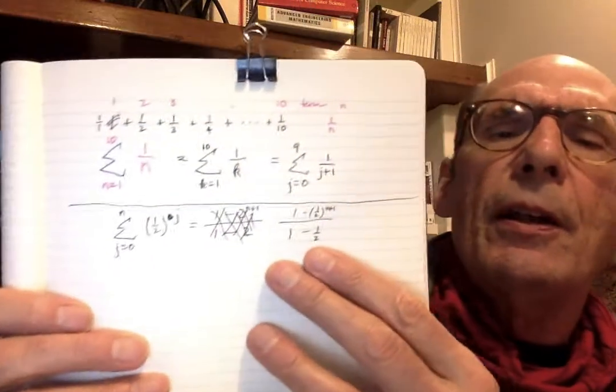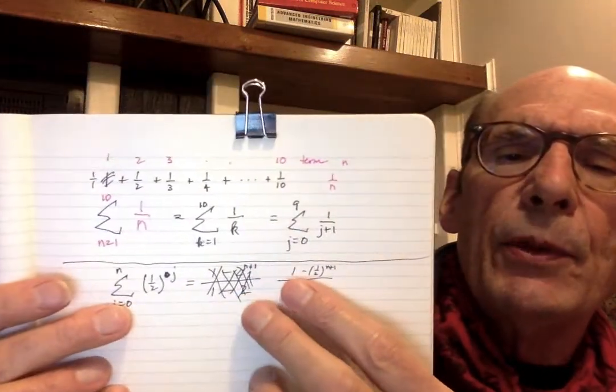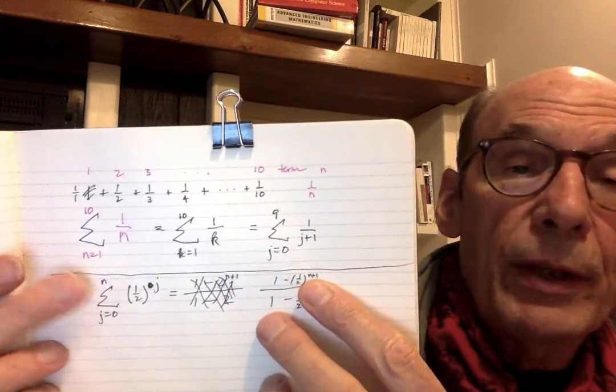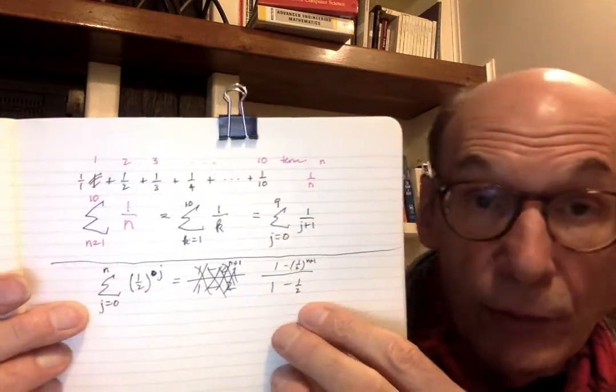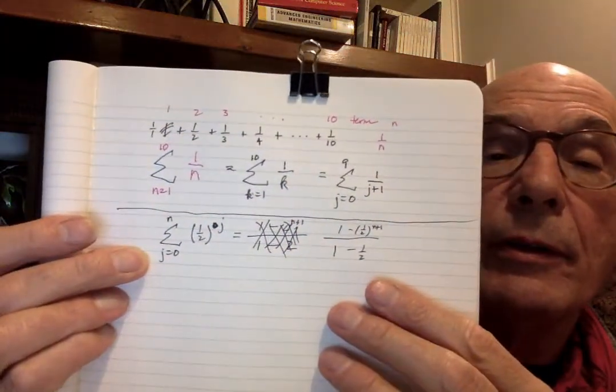It's a little complicated. It's a fraction. The bottom is 1 minus 1/2. That's the same 1/2 as in here. And the top is 1 minus (1/2) to the n plus 1 power, 1 more than the top situation here. So here's an effective sum that gets used a lot. And so there it is. Okay.